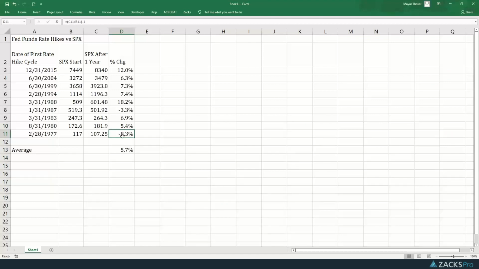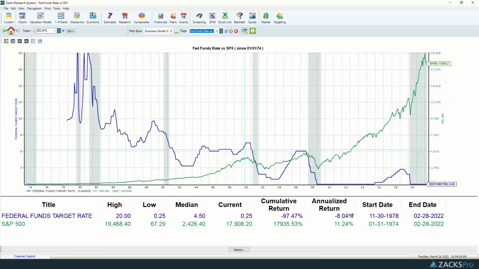And that too was about 8.3%. So nothing crazy, nothing catastrophic, I would say. And we've had a few instances where we've had a very strong return, the most recent being in 2015/2016. The S&P was actually up overall, despite multiple rate hikes during that period, as you can see here. So rate hike cycles are not something to be afraid of.